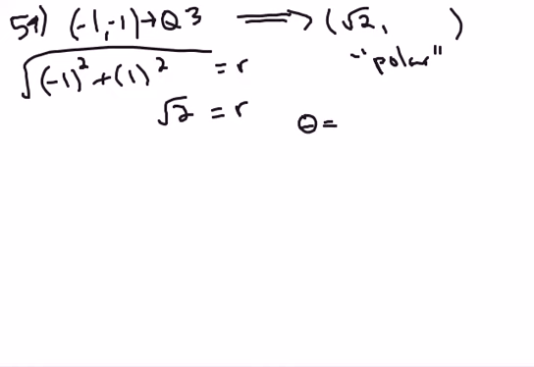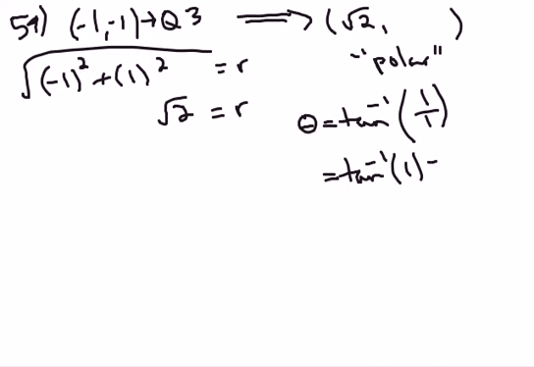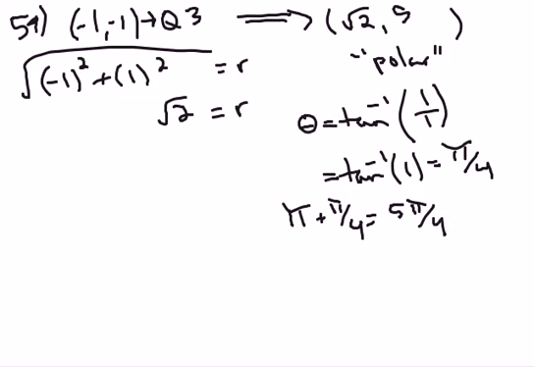If I use the tangent inverse formula, I have 1, and this is pi over 4 if you look on the unit circle. But we are in quadrant 3, so I need to do pi plus pi over 4, which gives me 5 pi over 4, the actual theta. Okay, so there's number 59.